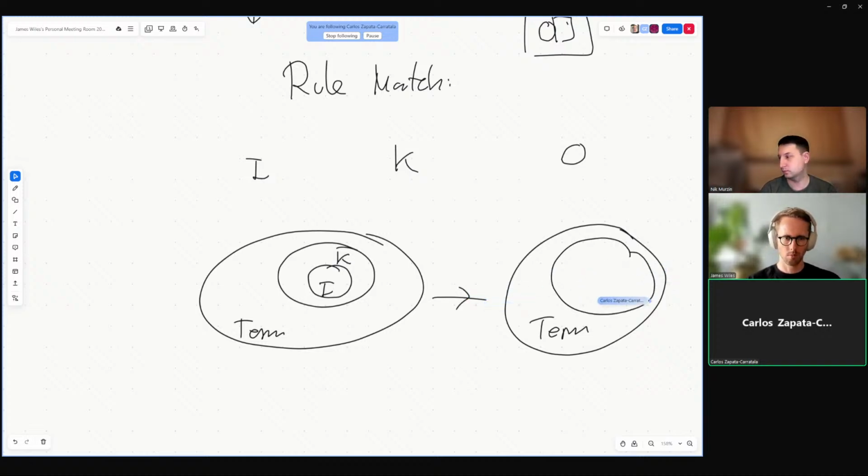You're going to have a different term prime or something, with a context k, which will be the same, and then something else, which is the output, right? So this is where really the rule is applying, in some sense, actively speaking. So that is being modified or transformed, but it always happens in a context, right?